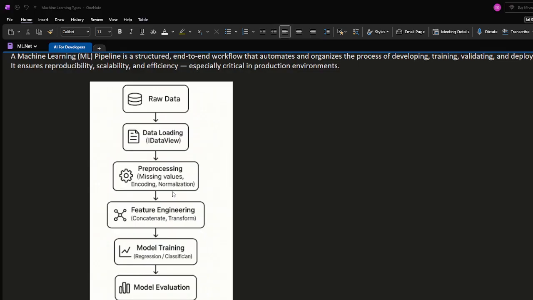So data pre-processing is very important in machine learning models. If we don't perform the pre-processing or we don't clean up our data, then there would be higher chances that our model predicts wrong output. So that's why pre-processing plays a very important role for ML developers.